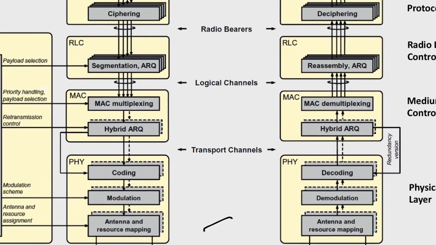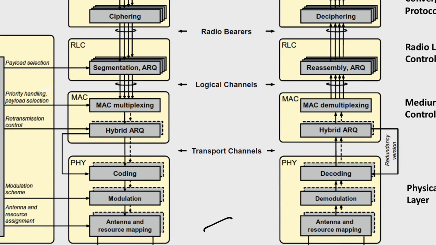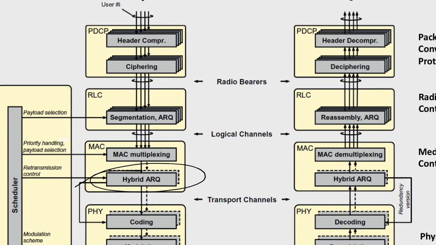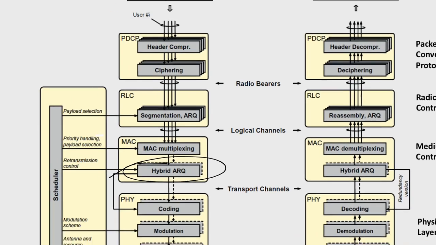And then if you were to go up one level, at the MAC level, there's a multiplexing or demultiplexing. The hybrid ARQ is handled at the MAC layer. And then if you go up one layer above that, you have radio link control. This is where a higher layer automatic repeat request protocol is used.